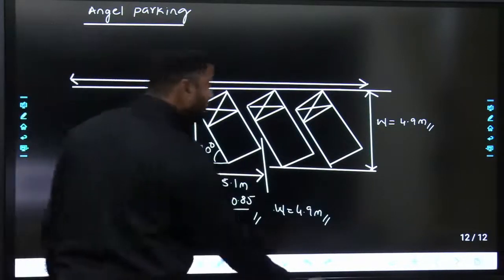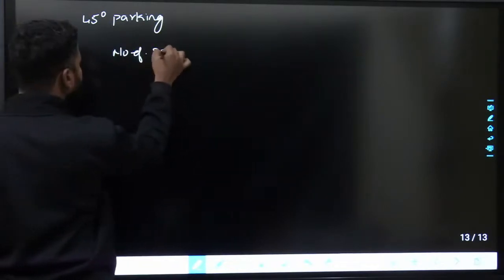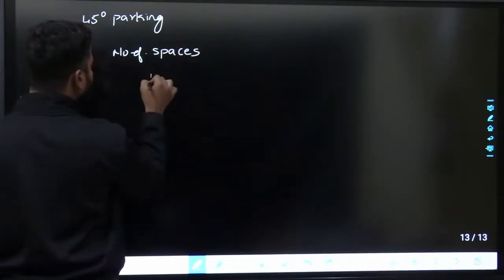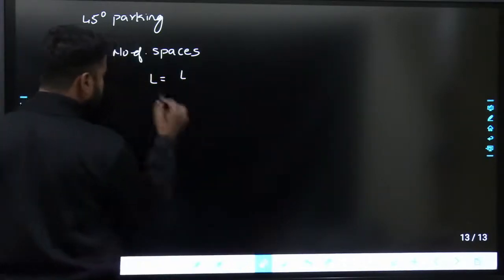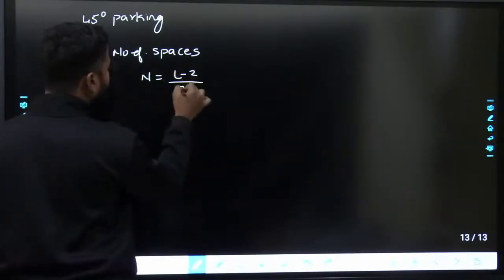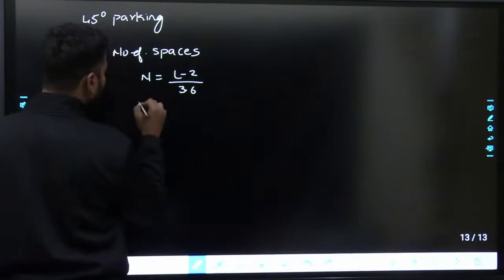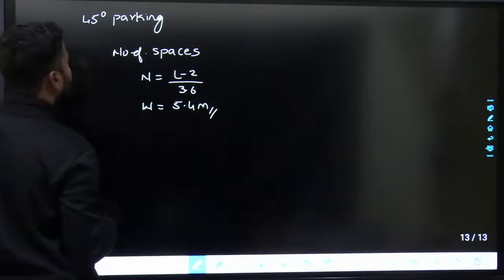Similarly, there will be 45 degrees parking. In 45 degrees parking, the number of spaces available N equals (L minus 2) upon 3.6, and width would be 5.4 meters.